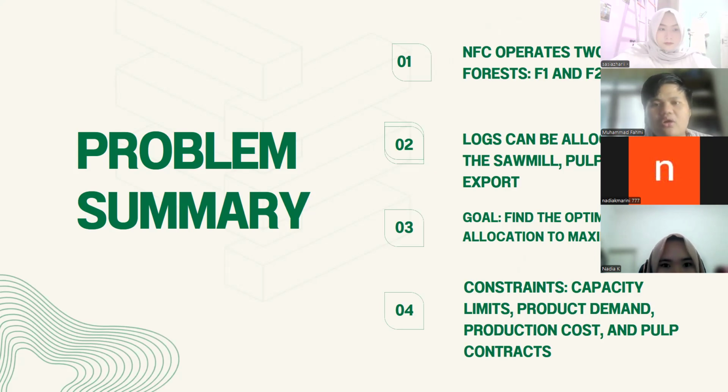The goal of this case study is to find the optimal daily log allocation to maximize profit, with the constraints being capacity limits, production demand, production cost, and pulp contracts.